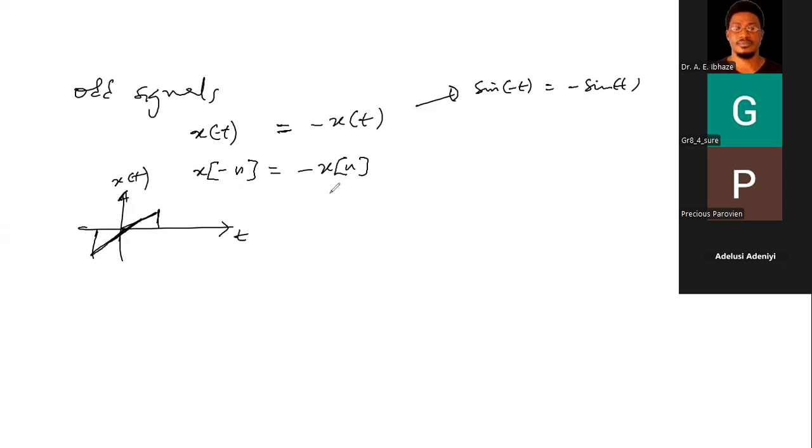And by the time we perform time reversal on this signal, let's say this is 1, and this is also 1, and this is 0. On the time axis, 1 times negative 1 is going to give us -1, which is going to come this way, okay?